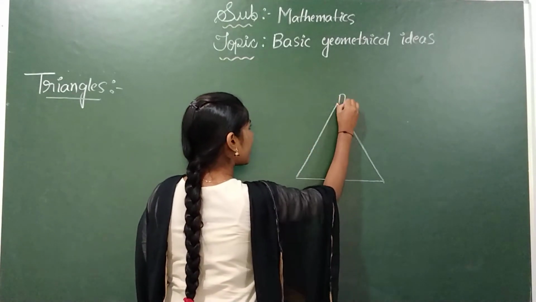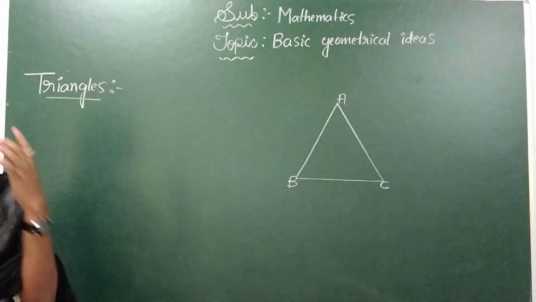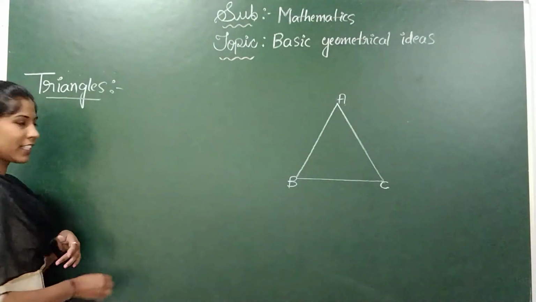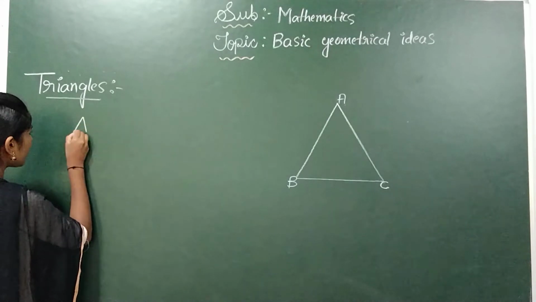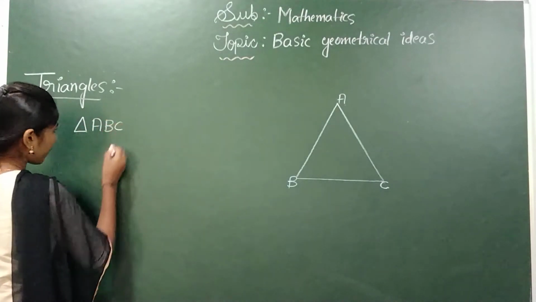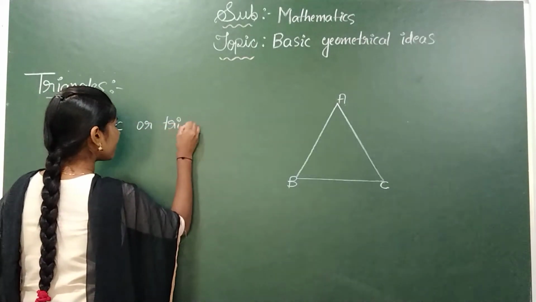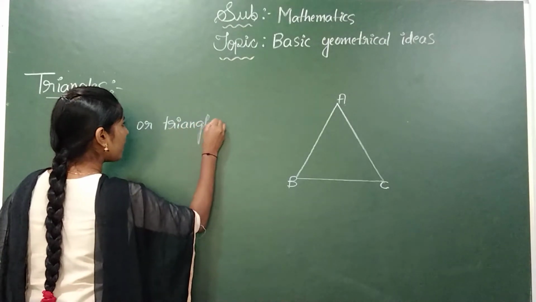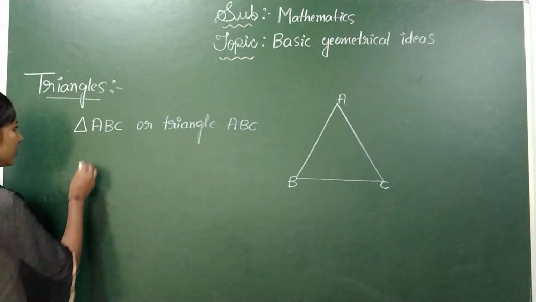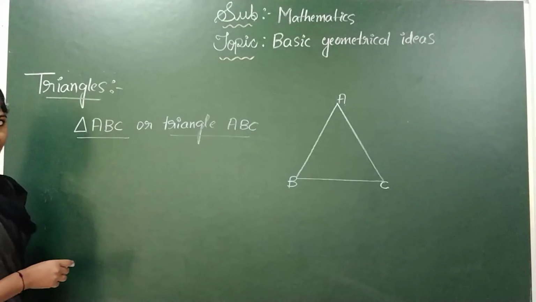So this is named A, B, C, the triangle ABC. How can you write this? The triangle symbol, triangle ABC. Also, you can write it in the form of triangle ABC.